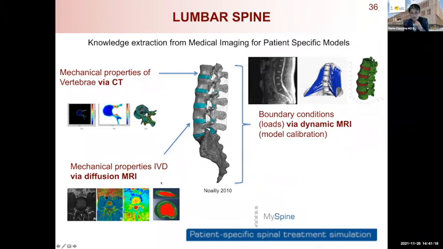You remember for the IVD, we can assess the mechanical properties derived from MRI. And the load boundary conditions, this is what I just showed you via dynamic MRI. So the spine is a very nice example to show that from medical images, we can extract relevant information to perform patient-specific models.